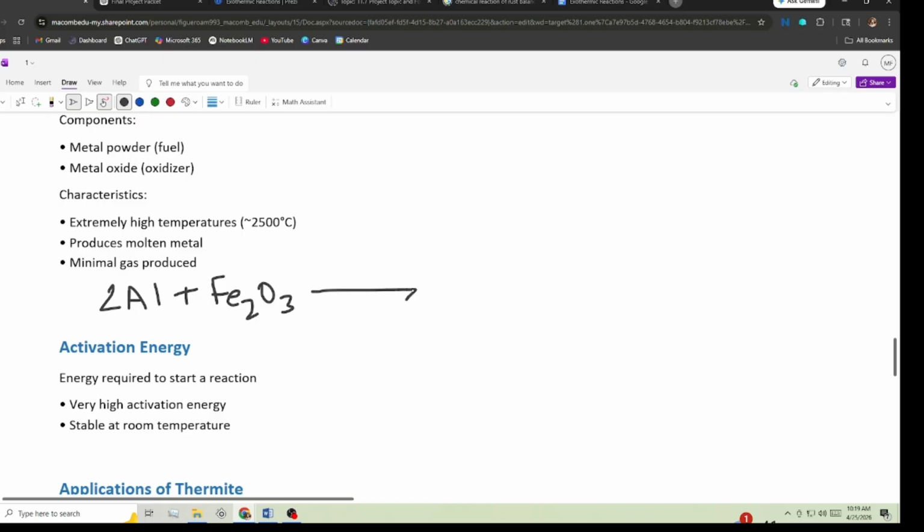Now you see that the aluminum actually bonds better with that oxygen and strips it from your rust, which creates pure iron and a lot of heat.